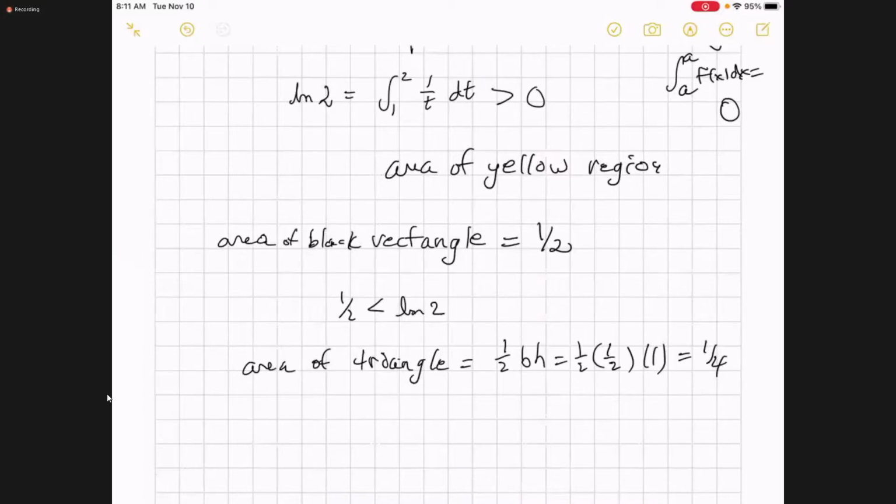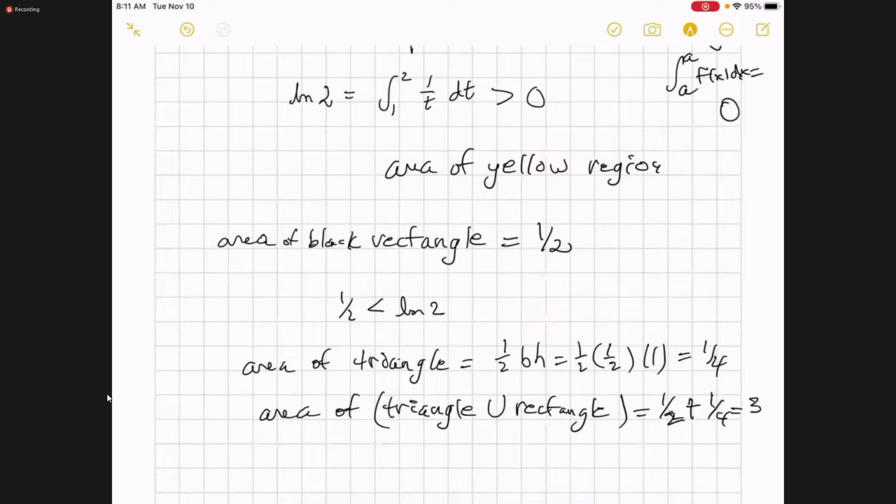So the area of the triangle union the rectangle, both together, would be 1/2 plus 1/4, which is 3/4.